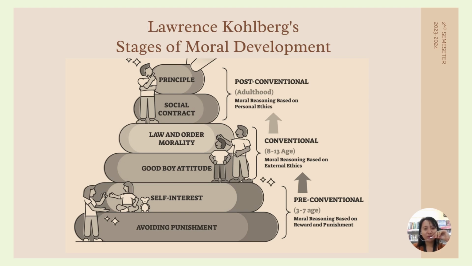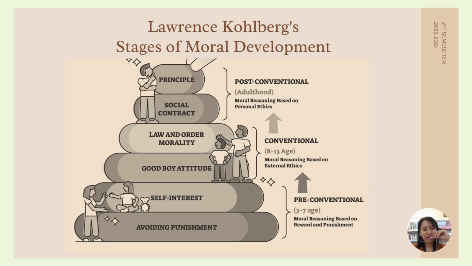Again, in stage 4, still under level 2 conventional, mayroon tayong tinatawag na law and order orientation. And these are what we talk about: social rules and laws determine our behavior. Okay? In here, the individual now takes into consideration a larger perspective, which are the societal laws, di ba? And yung moral decision making natin, it becomes more than consideration of close ties to others.